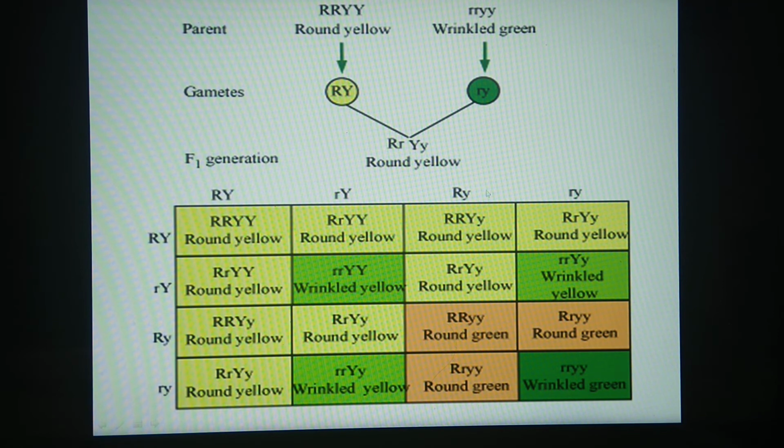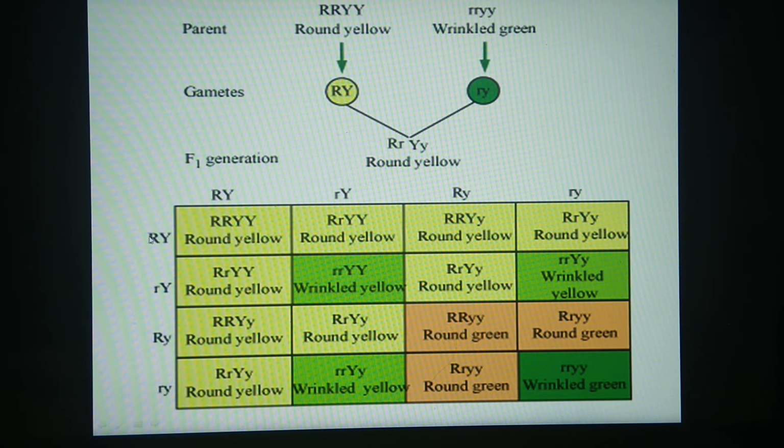These gametes are arranged on both sides of the Punnett square. So these 4 types of gametes we can consider for the male plant and 4 types of gametes from the female plant. During this crossing, we'll consider these 2 gametes fused together, resulting in the formation of capital R and capital Y. That means complete homozygous dominant condition, and because of that these seeds will be round and yellow.